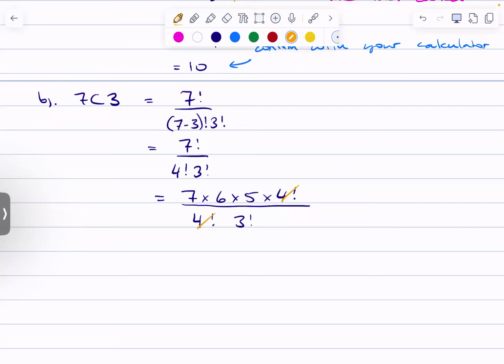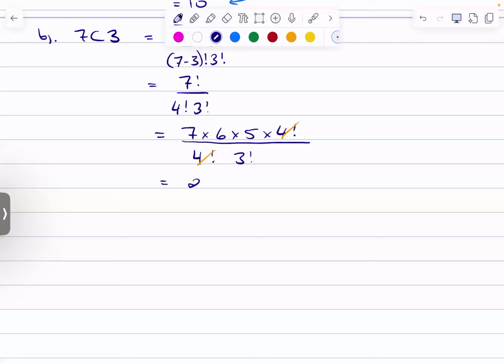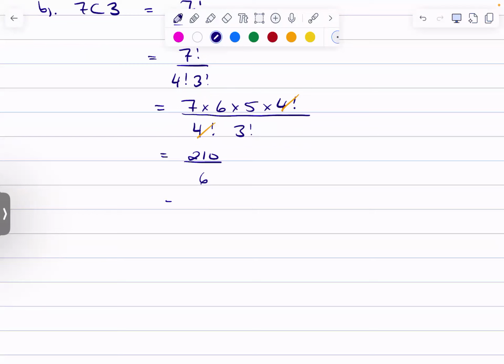And then I'm just left with 7 times 6 times 5 in the numerator, which is a little bit more reasonable. 7 times 6 times 5 is 210, divided by 3 factorial, which is 3 times 2 times 1, which is 6. I get 35. We can confirm with our calculator. 7 choose 3, 35.